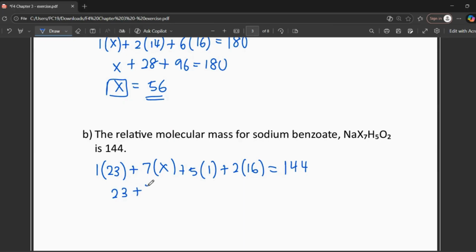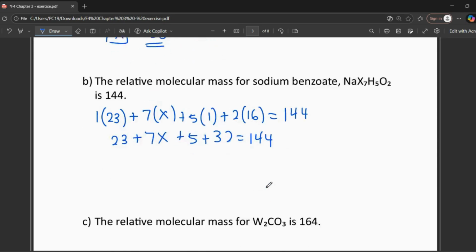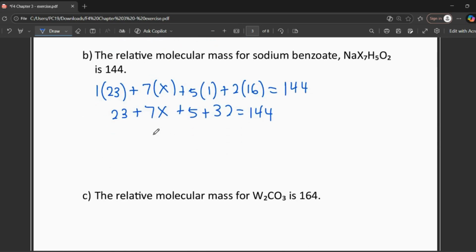So 23 plus 7x plus 5 plus 32 equals 144. 7x is equivalent to 84. Therefore, x has the relative atomic mass 12. Hence, X is actually carbon.